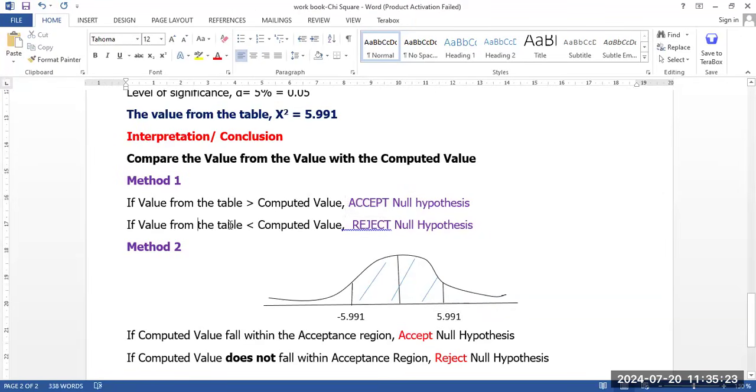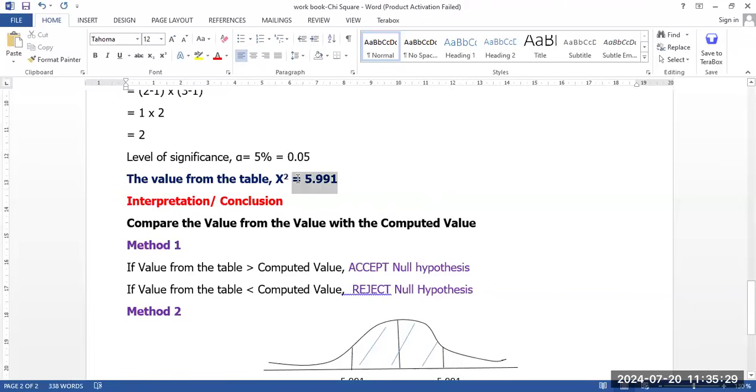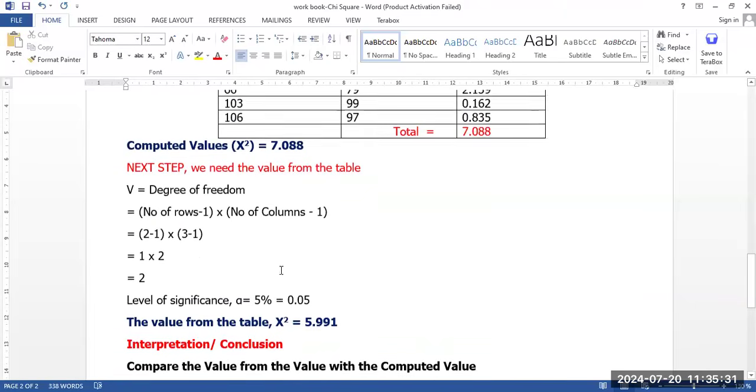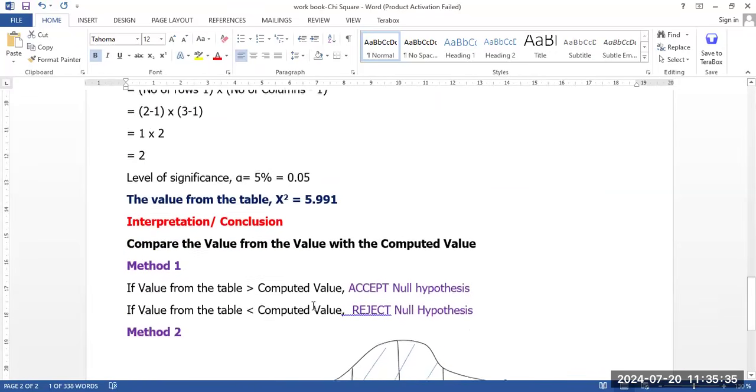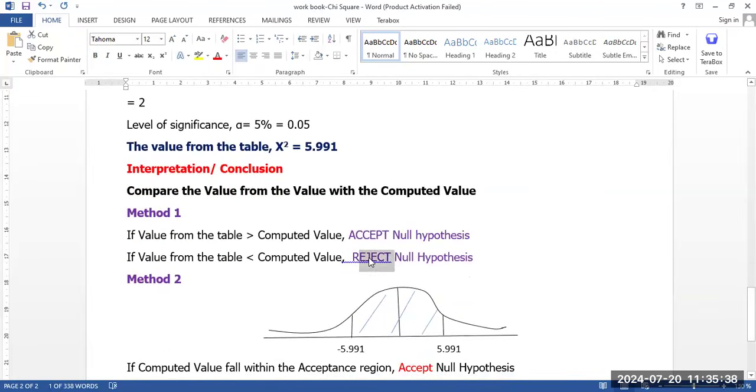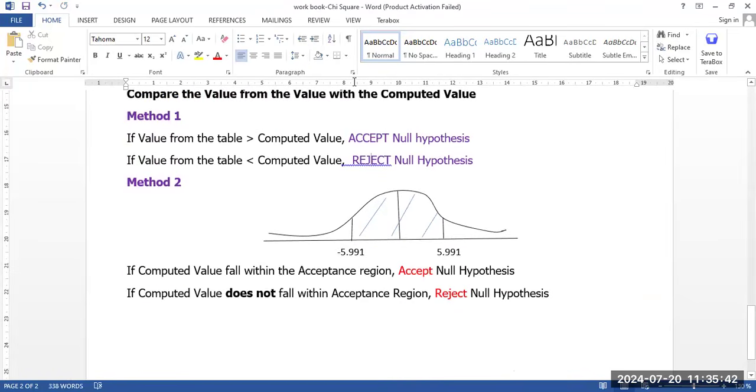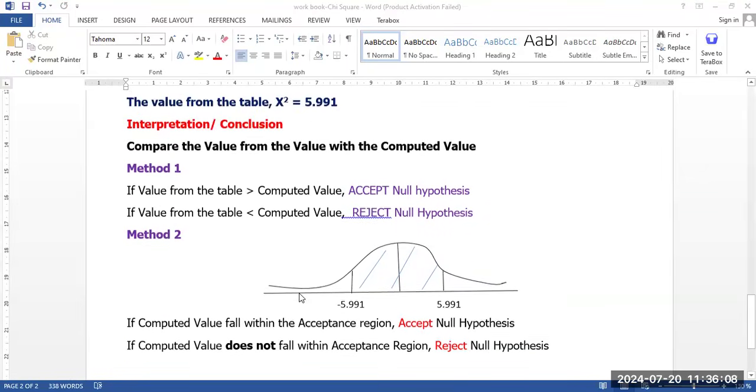But if the value from the table is less than the computed value, like our question here, we are saying reject. Is it clear, colleagues? Yes, it is.